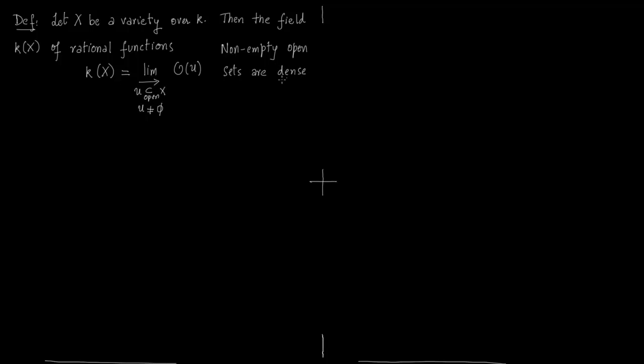So you can start constructing O(U) using any functions f1, f2, f3 from the ring O(X). So basically you just keep on taking functions out of it, keep on forming open sets, taking their intersections and take the direct limit, and you end up getting the fractions of O(X).